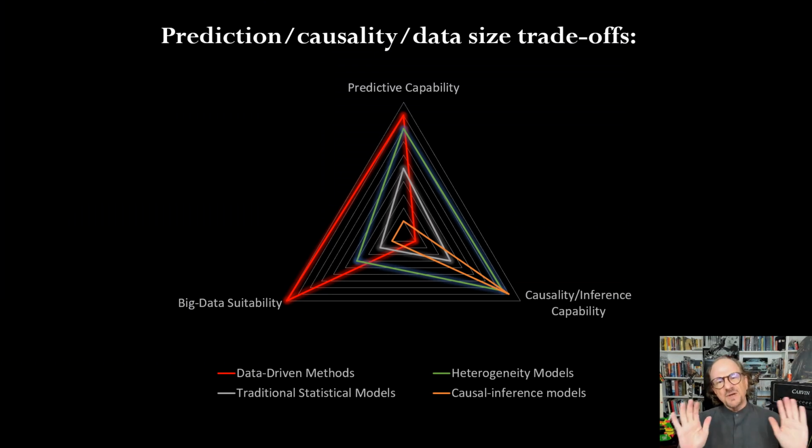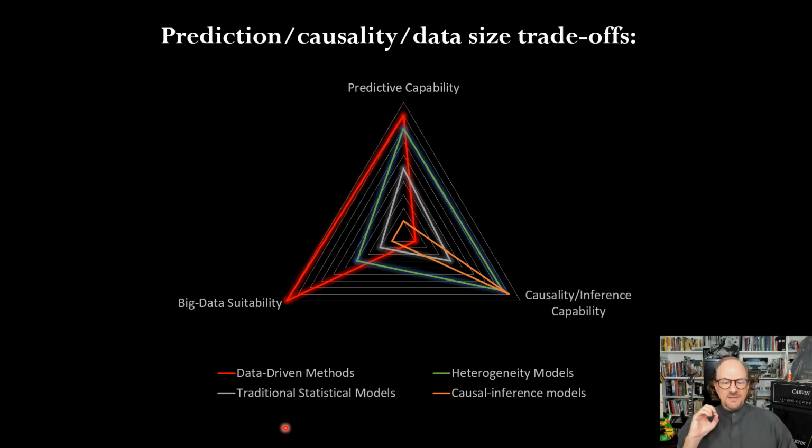If we look at this nice diagram of the trade-off between prediction, causality, and data size, let's first look at big data suitability. In this case, the data-driven methods, which are represented by the red line, have very good big data suitability and excellent predictive capabilities, but they're very weak in causal inference because it's hard to figure out what the causal effects are.